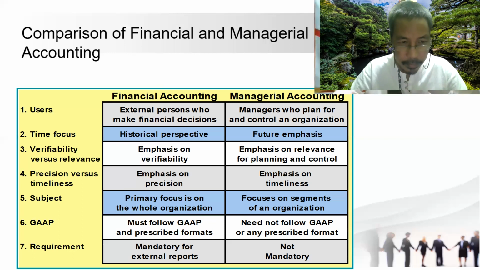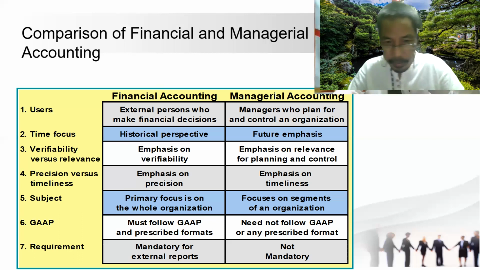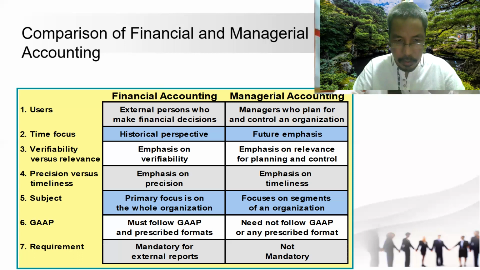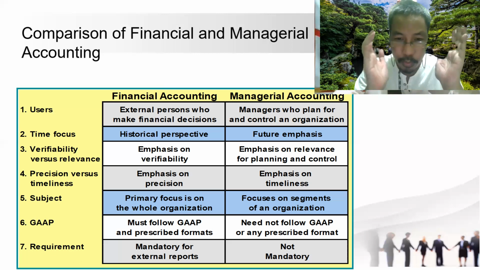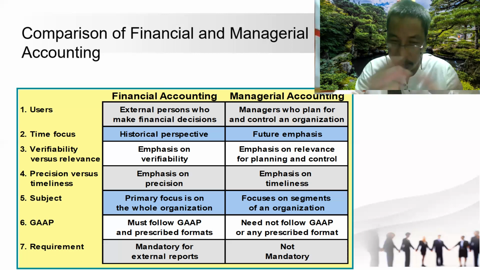The next aspect is subject. Financial accounting focus is on the whole organization, while managerial accounting focuses on segments of an organization. It depends because you will need reports that would only describe one division or one department.